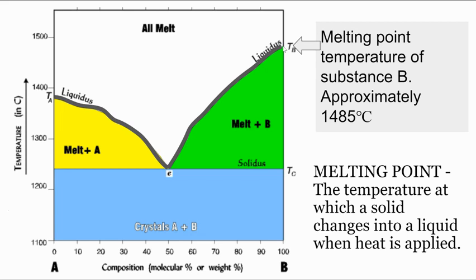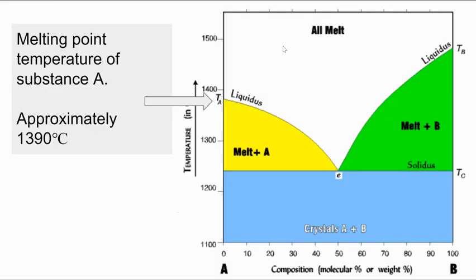Can you identify what temperature 100% component A would melt at? What's the melting point temperature of substance A? Hopefully you're looking to the left-hand side of the graph where there's 100% of metal A. So that would be this leftmost boundary of the graph.